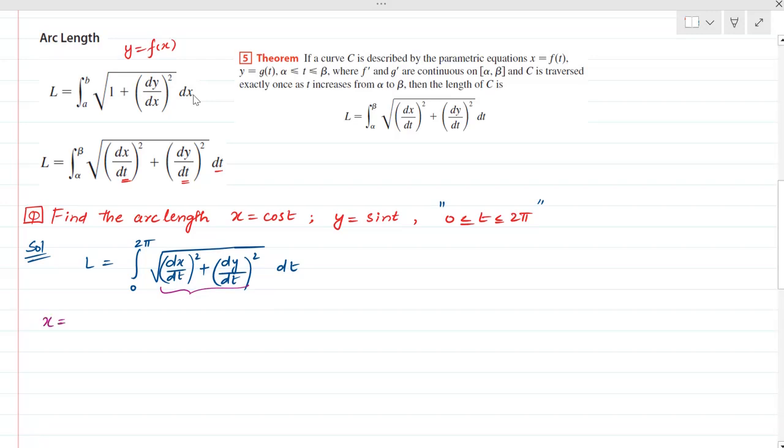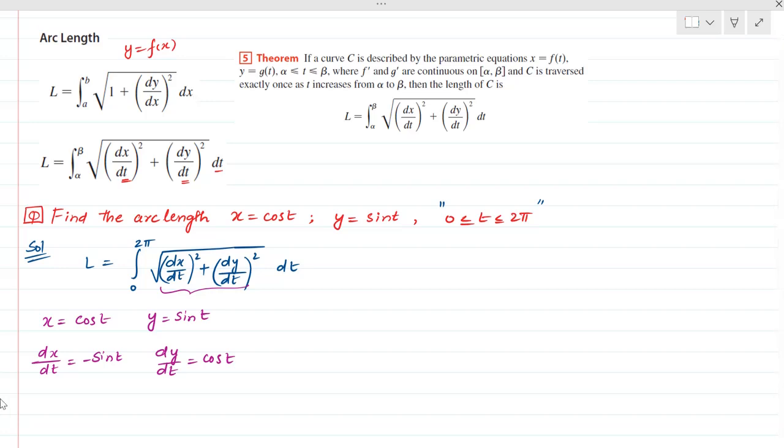So let us start with x equal cosine t and y equal sine t. What are the derivatives? dx over dt is equal to minus sine t, and dy over dt is equal to cosine t.